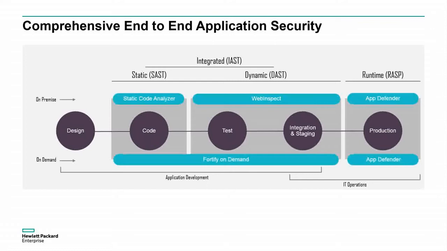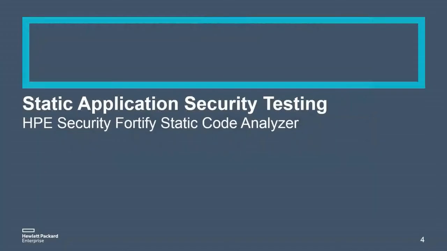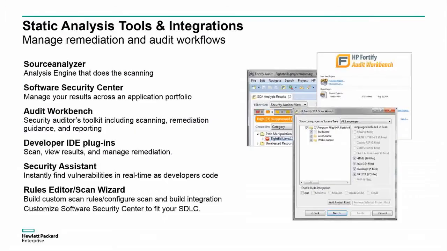Now, since our focus is on our static code analyzer for today, I'll just go through some of the tools that you get with our static code analyzer that come in the box when you install the software. The 2 major pieces that you need to be looking at, one would be the source code analyzer, which is the main engine that does the scanning for you, and the other would be the software security assistant, which is more like a dashboard view that gives you a high-level overview or even a full overview of all the applications that you've run, either static or dynamic.